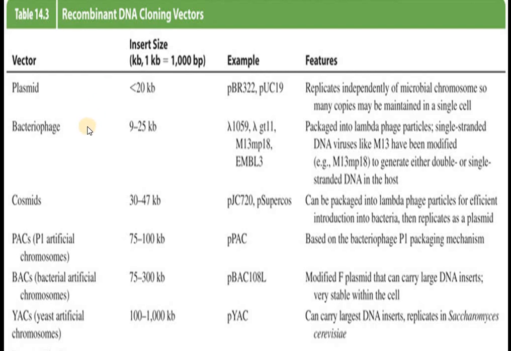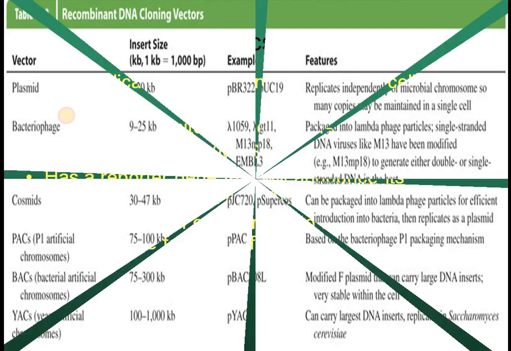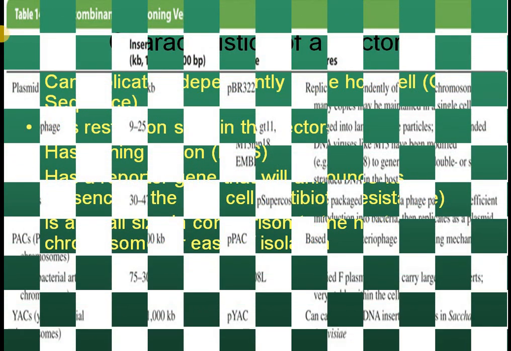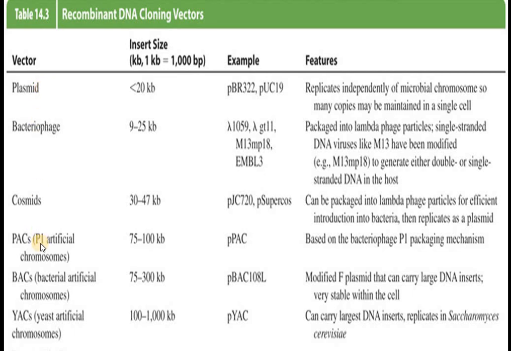Okay, then bacteriophage means what? When a virus attacks bacteria, that results in a bacteriophage. Then what is meant by cosmid? Cosmids are vectors that are a combination of plasmid and bacteriophage.